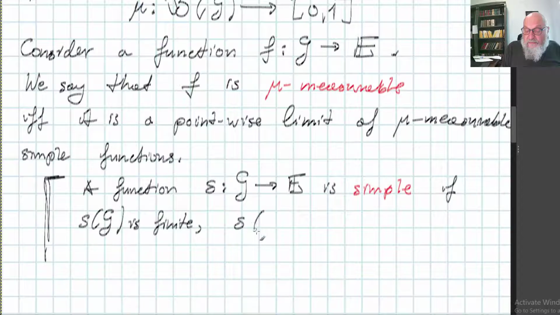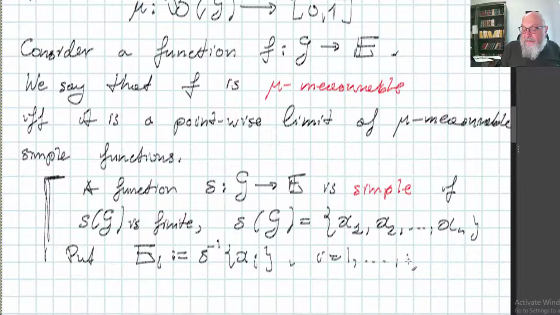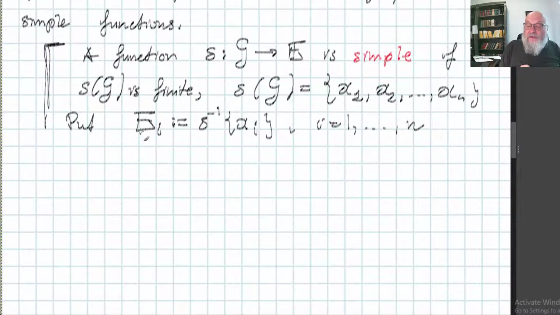That means S of G can be written using the values, for example, x1, x2, xn. In such a case, one can also consider the sets E_i, by definition equal to S inverse of x_i, for i equal 1 to n, and those sets are subsets of G.